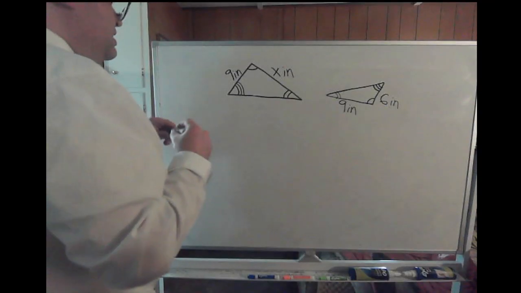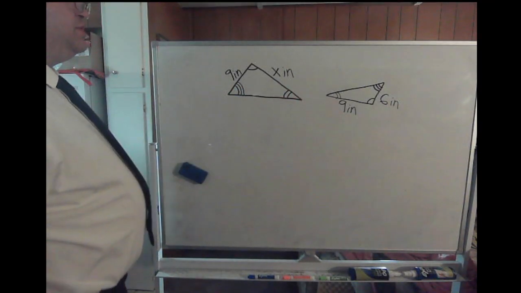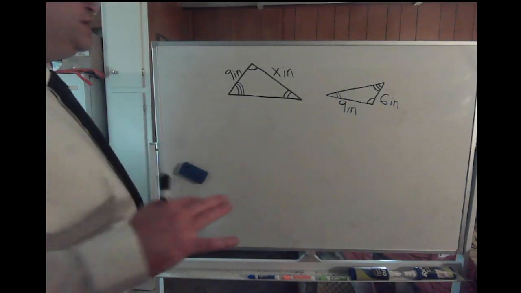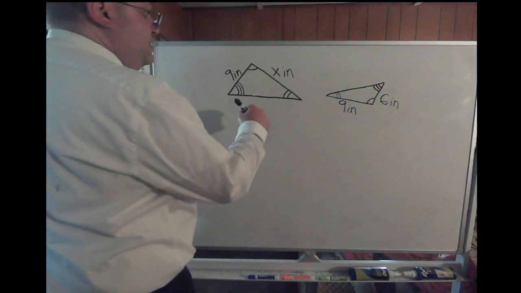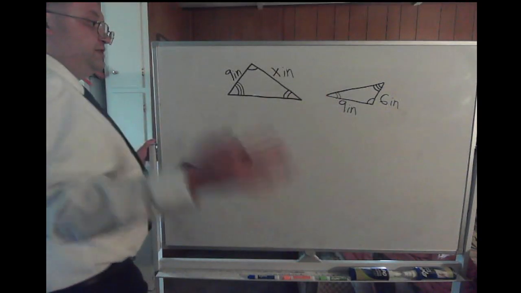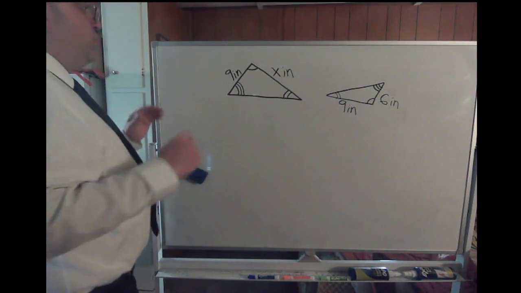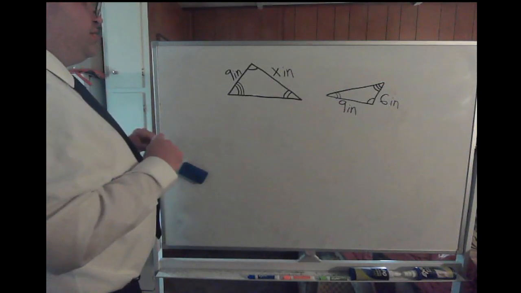Alright, so we have, in this case, similar triangles. So again, all the angles are congruent between the two. These are basically inverted from each other, flipped upside down from each other. So we've got to figure out how we're going to set up our proportion.